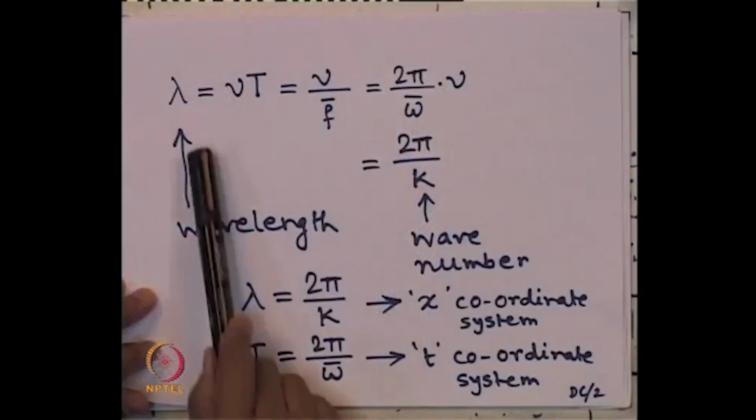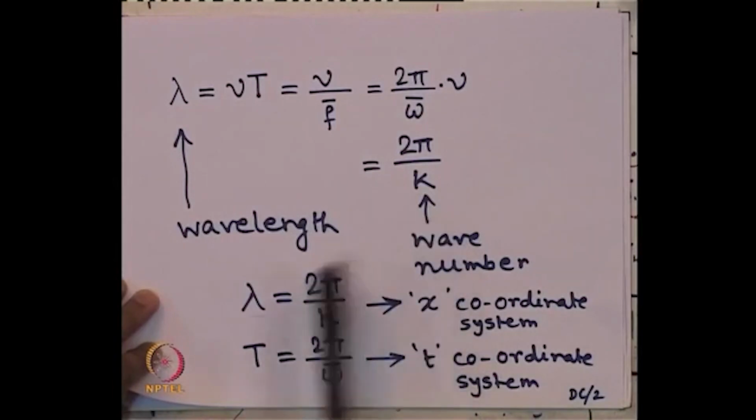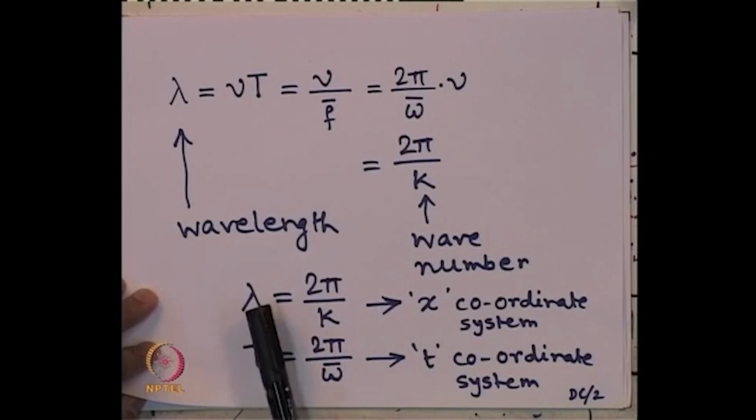We had also defined another parameter, which is known as wavelength lambda, which is related to the wave number in this format, and we have seen the similarity between the relationship of this wavelength lambda with respect to wave number k, and in the time coordinate system we have seen the relationship between time period with respect to the natural circular frequency. After that, what we have seen in the previous lecture, we can see the slide here.